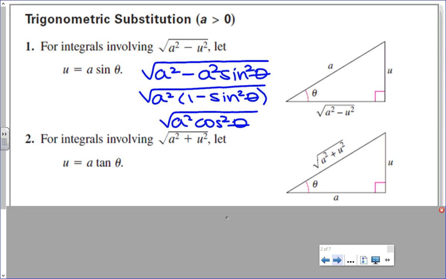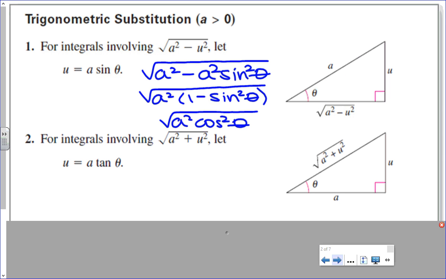If we have this, we're going to let u equal a tangent theta. Okay, what trig identity is going to happen underneath the radical?